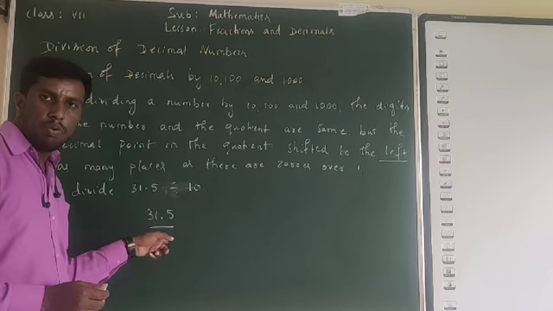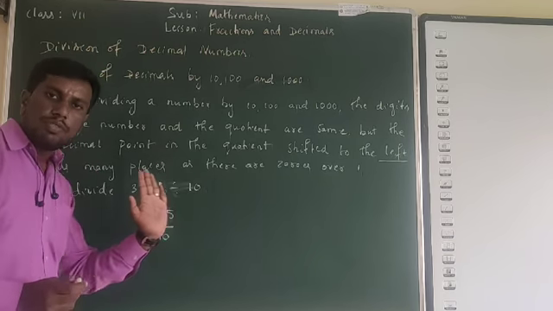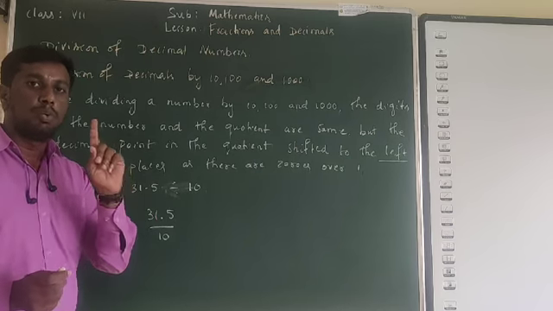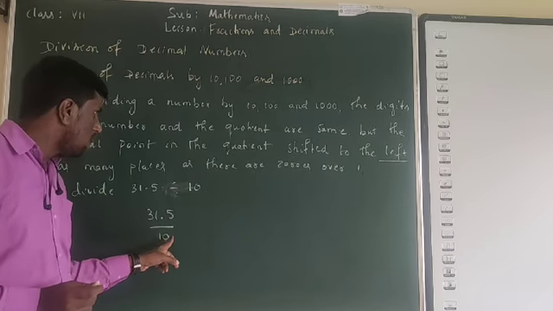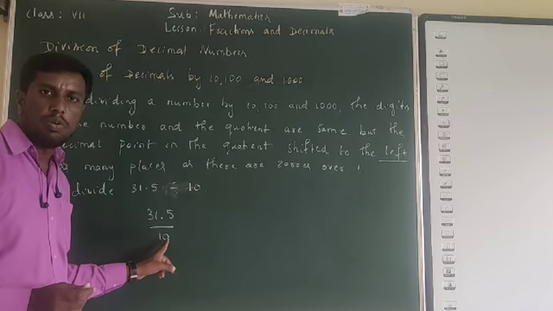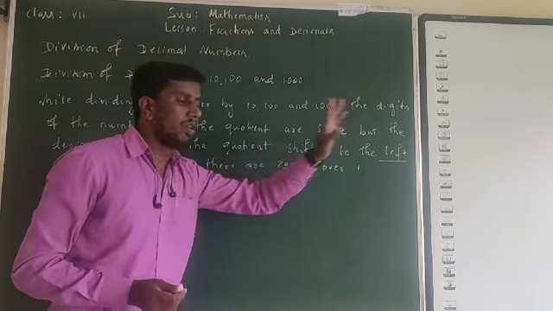How many zeros do we have? One zero. So the decimal point should shift to the left side, one place, since we have one zero over 1.